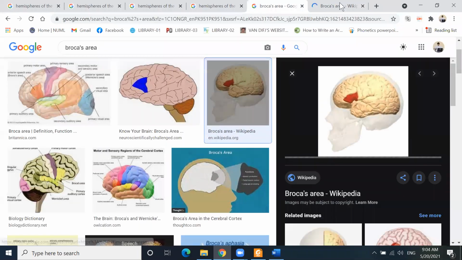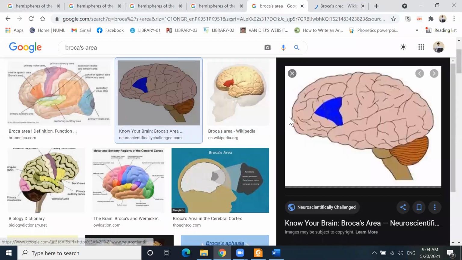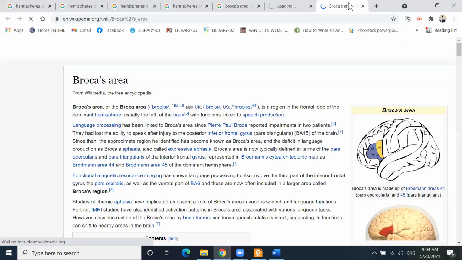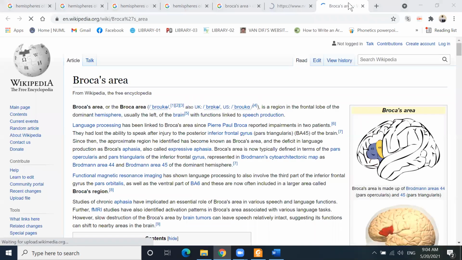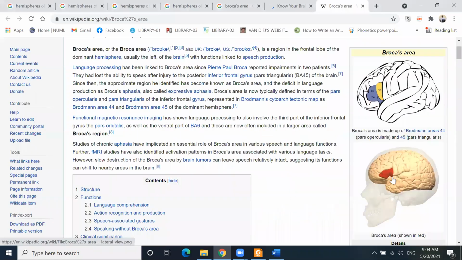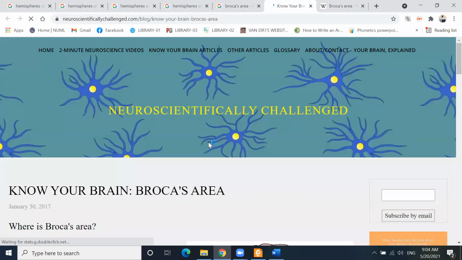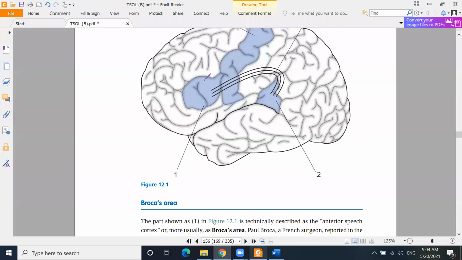Yes, sir. If you can see this red point in the brain, this is actually the Broca's area, right? I'll try to share these pictures with you after the class in your group so that you may have better understanding. So this area is called the Broca's area.